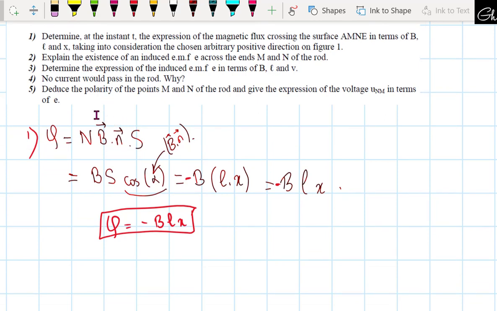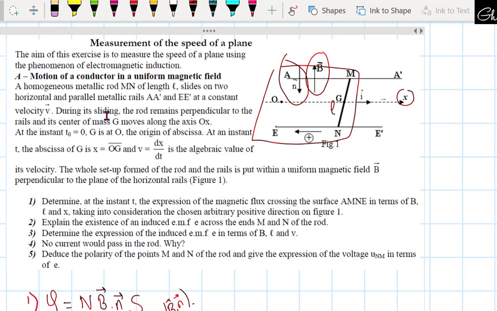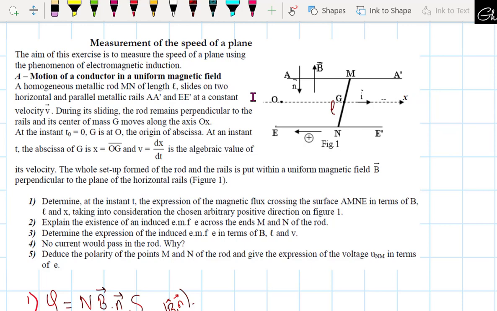Part 2, they said, explain the existence of an induced electromotive force E across the ends M and N of the rod. Note that here in this figure, let me just make it a bit clear, the magnetic flux varies.